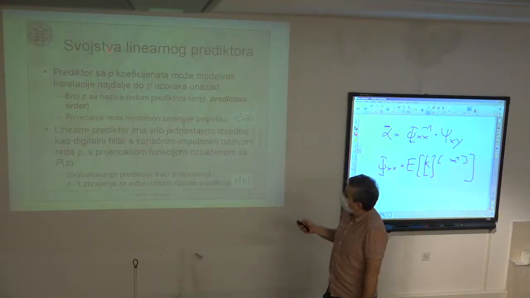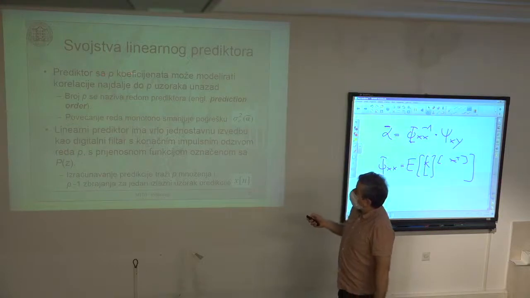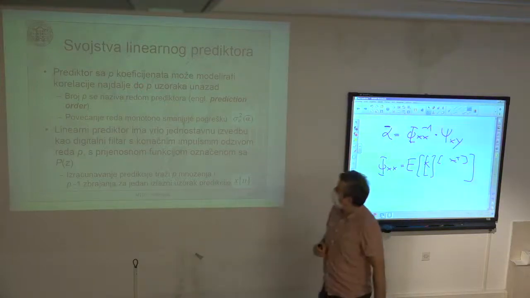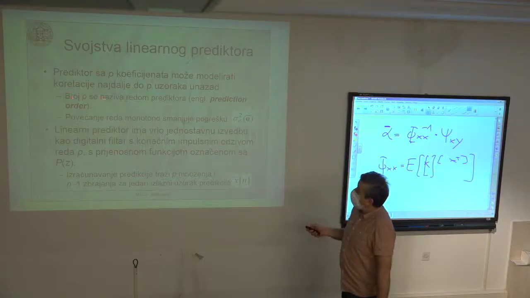As it says here, a predictor with p coefficients can model the correlation up to p samples before the current sample. And this p is then called the prediction order.